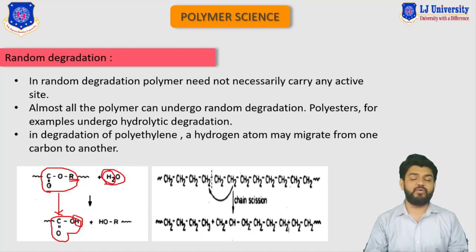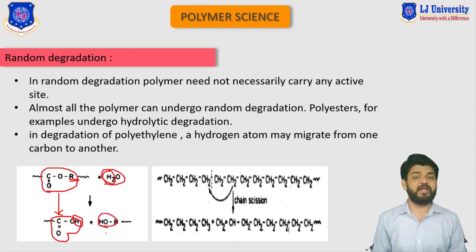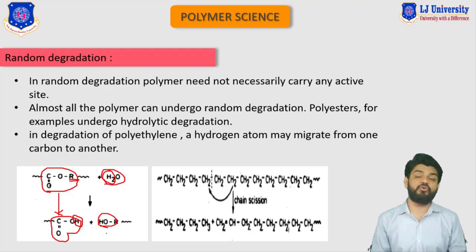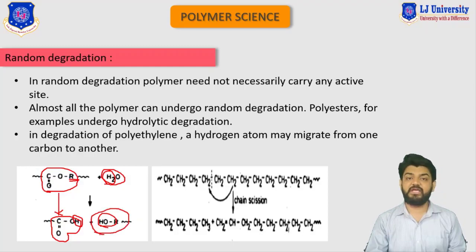So we now have carboxylic acid and 1 mole of OH group will be liberated, right? So this is the random degradation process. We have already seen that in random degradation, practically no monomer is generated. You can see here that we have one long chain with the carboxylic acid as the functional group and another product with the functional group of hydroxy.